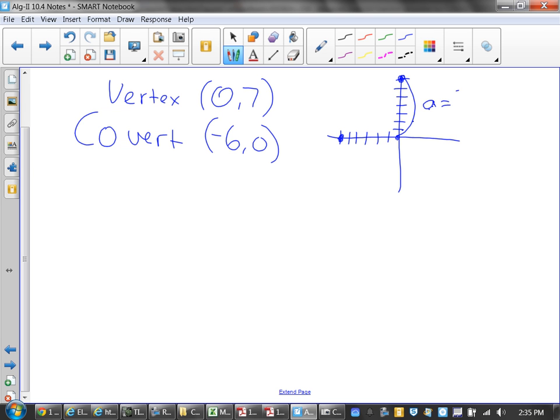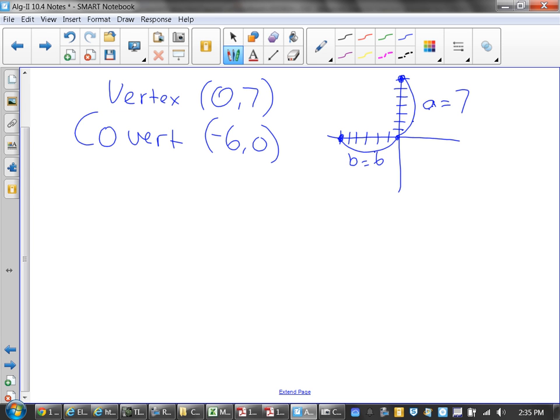So A is 7. Going to the co-vertex is how much? That's B, so B is 6. Now, notice that A is 7 going up the y side. If B was negative, even if I did the negative direction there, when I square it, it's not a negative difference. I'm just looking at the B value being 6, okay?